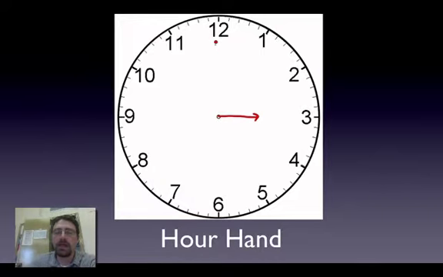Now, in each half of the day, there are 12 hours. So we see them count on here. 1, 2, 3, 4, 5, 6, 7, 8, 9, 10, 11, and 12. Right now, you can see that my hour hand is pointed toward the 3. That would mean that 1, 2, 3 hours has gone by.